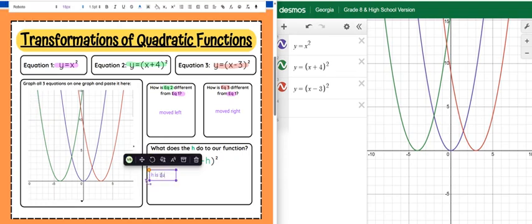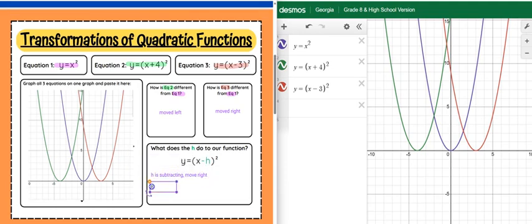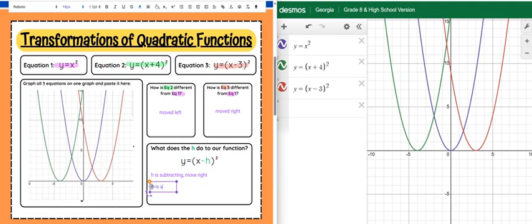If h is subtracting, we move to the right. And if h is adding, we move to the left.